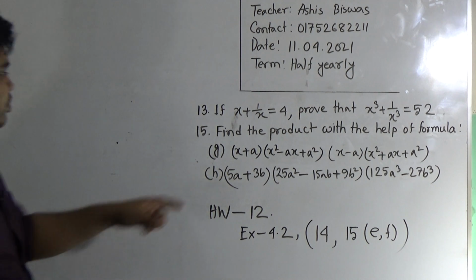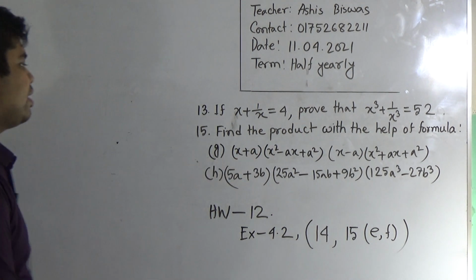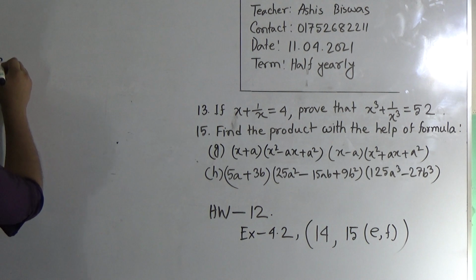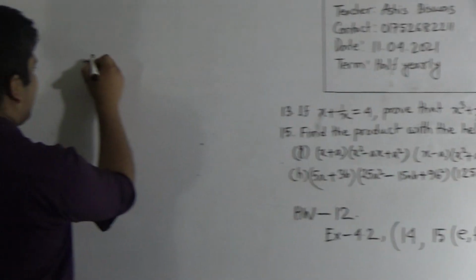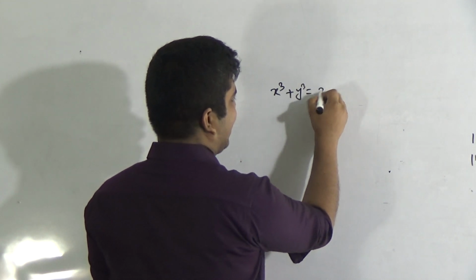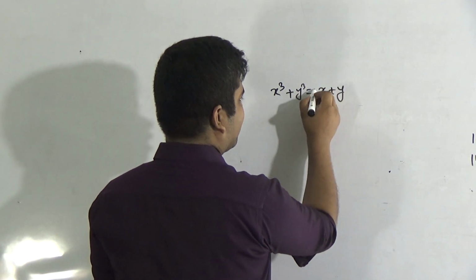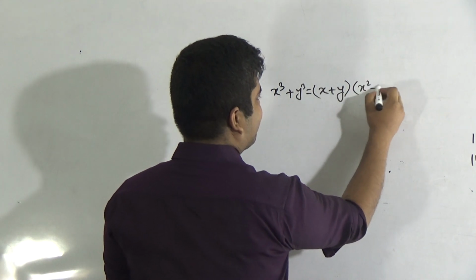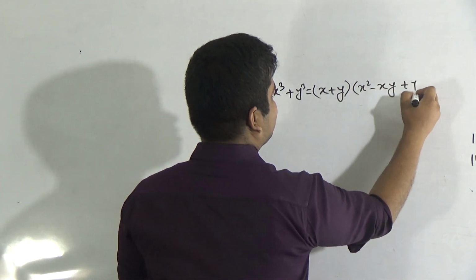In order to solve these maths, we need two formulas. Please notice: x cube plus y cube equals x plus y into x square minus xy plus y square.